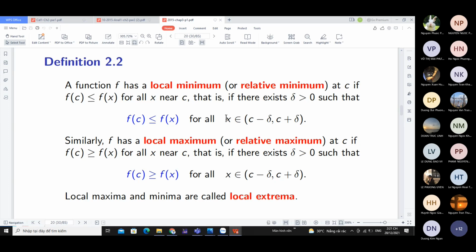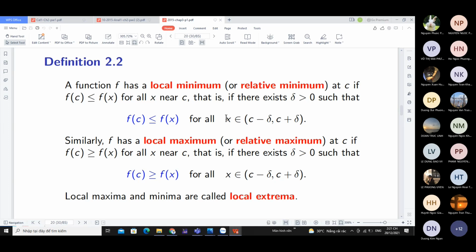So c minus delta, c plus delta stands for a neighborhood of c, and f of c is the minimum value of f on this interval.